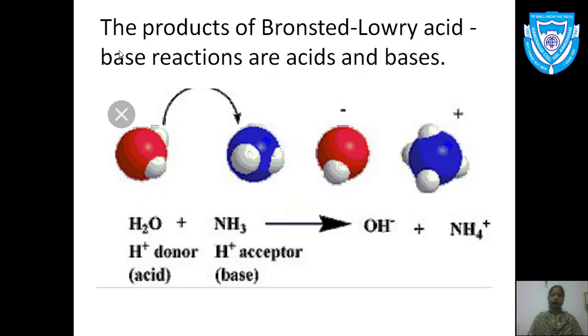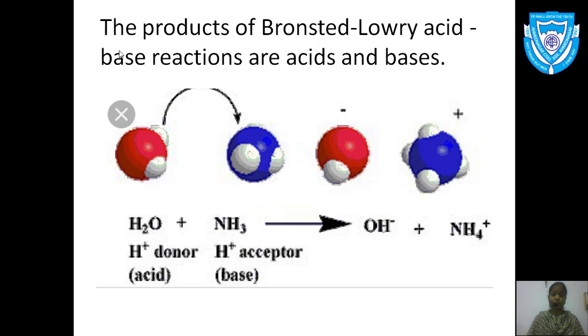Here is another example, the reaction of water and ammonia to give OH minus ion and NH4 plus ion. Water donates its proton and acts as an acid, while ammonia accepts that proton and acts as a base. In doing so, they form OH minus ion and NH4 plus. The OH minus ion acts as a base by accepting a proton, and NH4 plus ion donates a proton and acts as an acid.